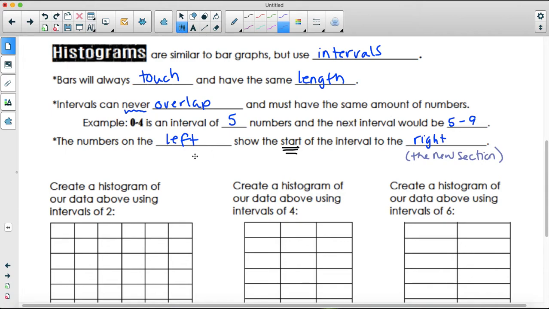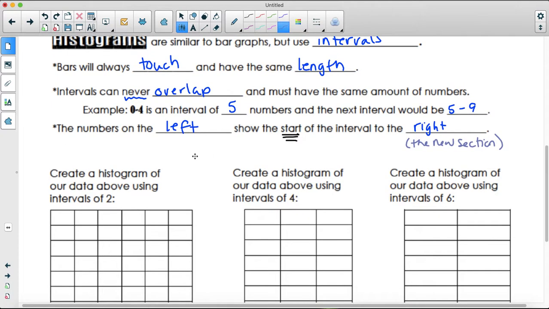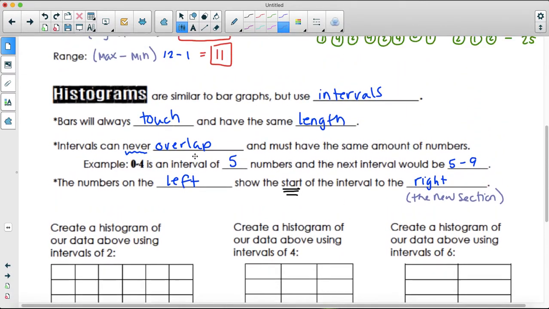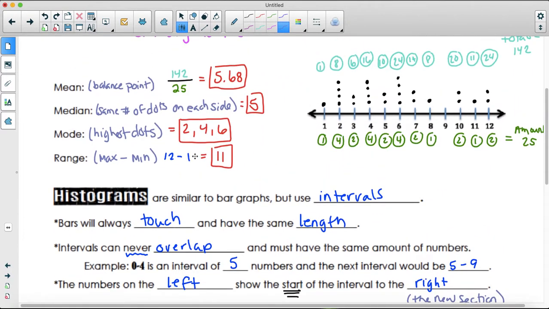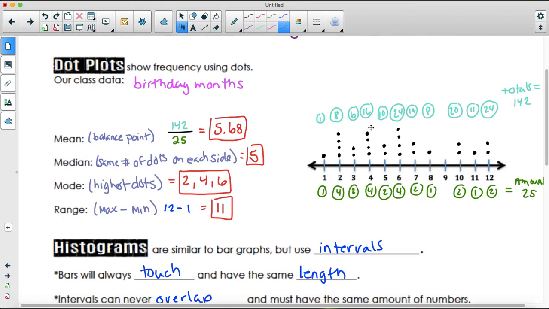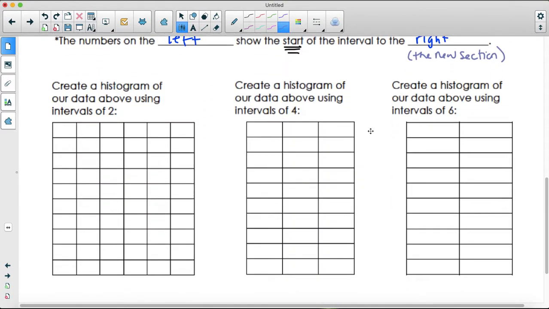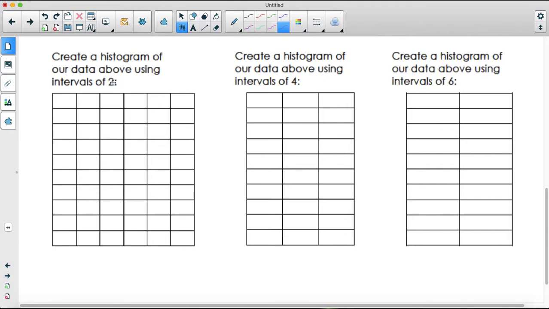So the way we can do this, we're going to create a histogram of our data above using intervals of 2. Our data above were the birthday months. So I'm going to use this same data to actually create a histogram with intervals of 2. Our first number was 1 because we had January.